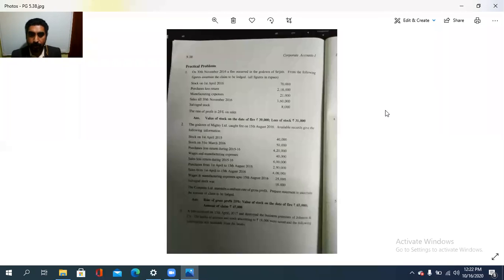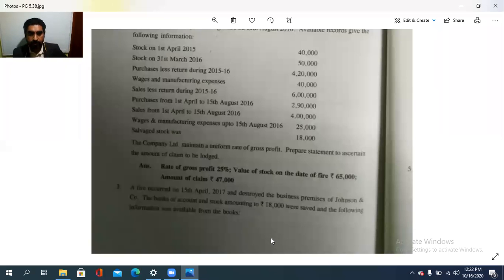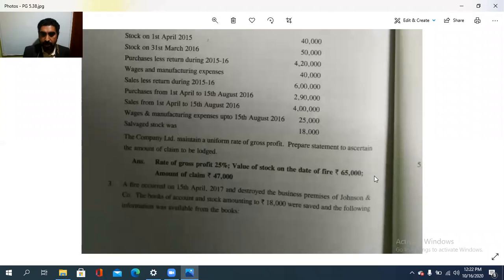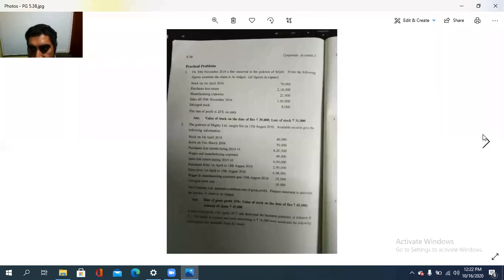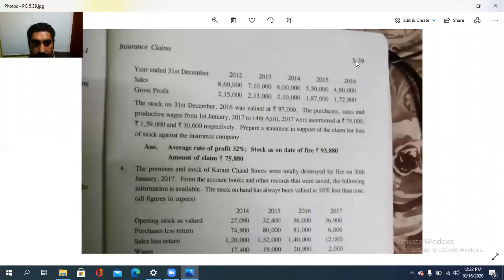So we will do this problem. Question number 3, practice problem. A fire occurred on 15th April 2017 and destroyed the business premises of Johnson and Company. The books of accounts were saved and stock amounting to 18,000 was saved. That means the salvage value is 18,000, and the following information was available. Years ended 31st December 2012, 13, 14, 15 and 16, five years, with sales and gross profit given.